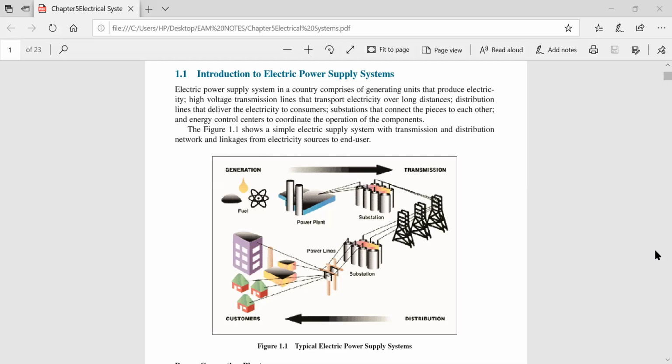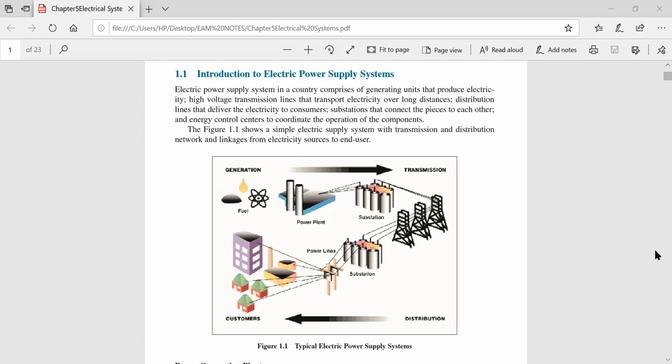There it steps down the voltage with the help of step down transformers, and then it goes to the industry or our premises. That voltage, 220 volt or 440 volt, goes to the industry and our premises.